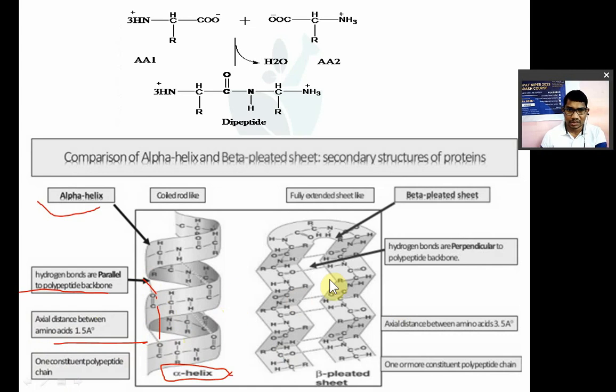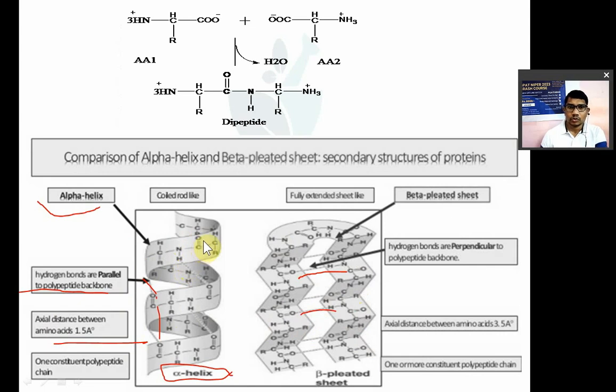Then beta pleated sheet. Okay, same peptide when it will twist, when it will turn, there is an interaction, again hydrogen interaction you can see over here. Hydrogen bonds which are perpendicular to the polypeptide backbone. इसके यहाँ पे perpendicular है, यहाँ पे क्या है? Parallel है. So hydrogen bondings are parallel in case of alpha helical structure, because helix में क्या है?